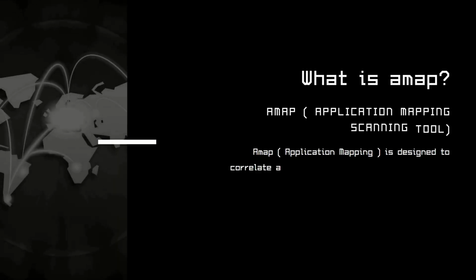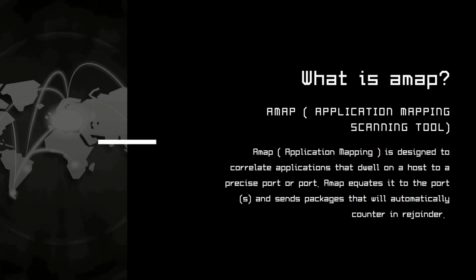So, what is Amap? Amap is an application mapping scanning tool. Amap is designed to correlate the applications that dwell on a host to port, port by port. Amap sends packets that will automatically trigger a response. Also, these packets typically involve a standard attempt by an application to perform a handshake between those two hosts.